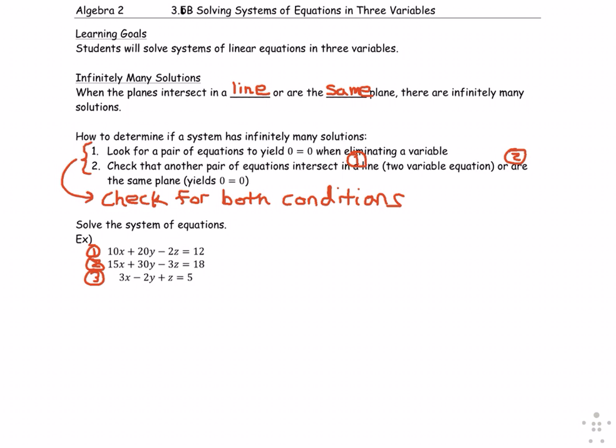And for the first equation, I'm going to multiply that by 3. And the second equation, I'm going to multiply that by 2. Triple. Double. Whoops. I'll also have to multiply that second equation by a negative.